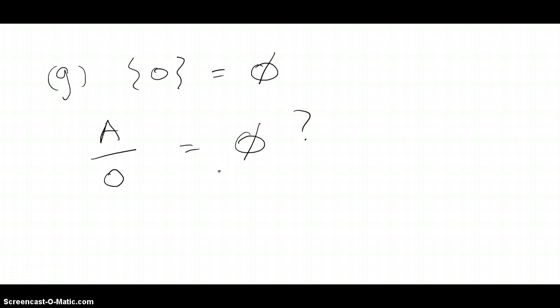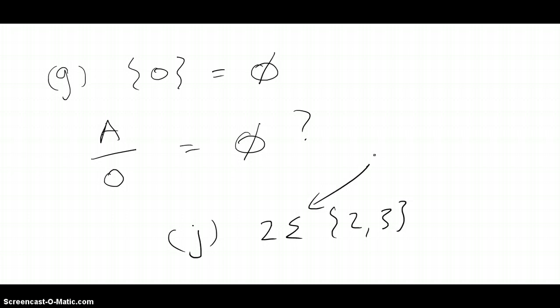Okay, and there's one last question that you might like to consider. The last question is question J. You might get something like 2 is an element of the set 2, 3. You might not have seen this symbol before. That symbol means element.